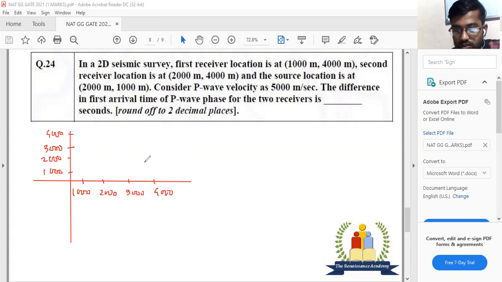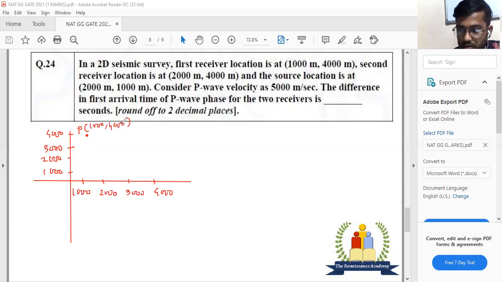So receiver is at the location x 1000 meter, and so here one point should be here. Let's say this is point P, coordinates 1000 and 4000.